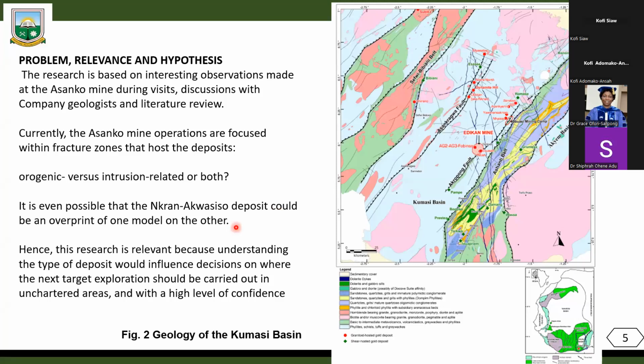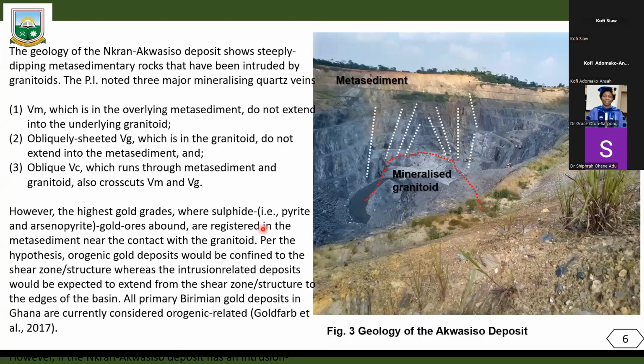Now, going straight into the Asanko deposit, and particularly using the Akwesisu deposit as a point of reference, because that is where the majority and the clarity of the relationships in the deposit was observed and seen. Within the Asanko deposit, as I said, within the Kumasi Basin, you have meta-sediments being the bulk of the geological rocks there.